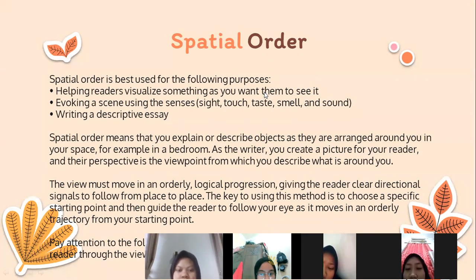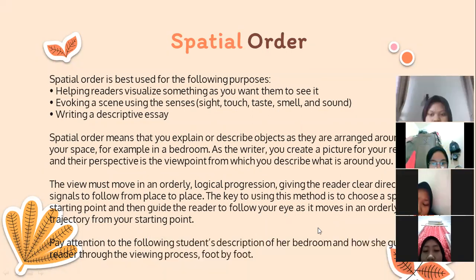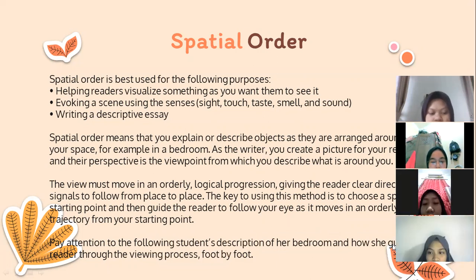As the writer, you create a picture for your reader, and their perspective is the viewpoint from which you describe what is around you. The view must move in an orderly, logical progression, giving the reader clear directional signals to follow from place to place.